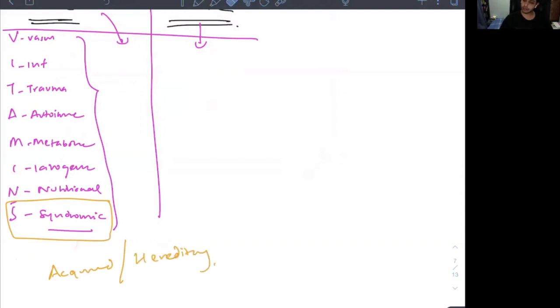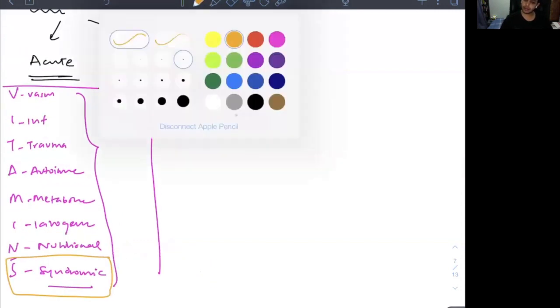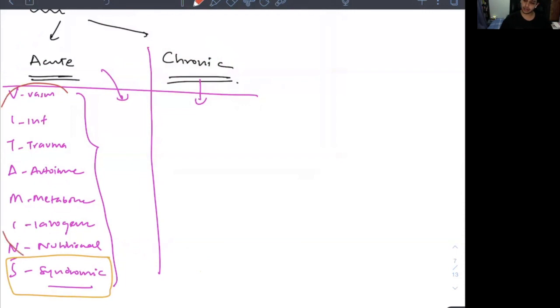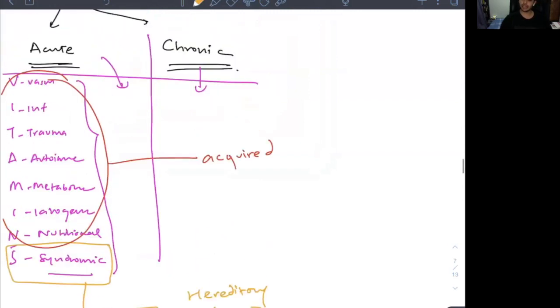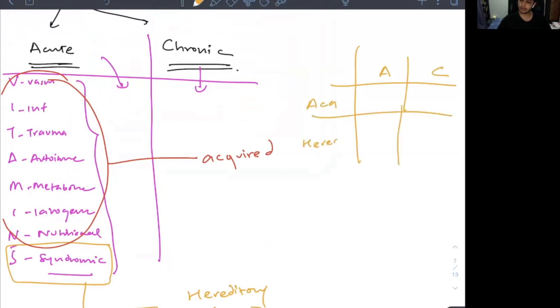Sorry, I should have, hold on. Yeah. So is it acquired or is it hereditary? Okay. So this is the rough way in which you divide it. So you have acute and chronic, and you have acquired and hereditary.